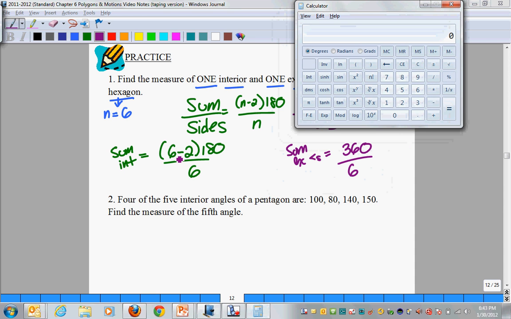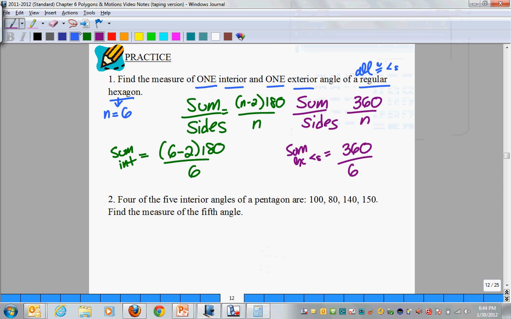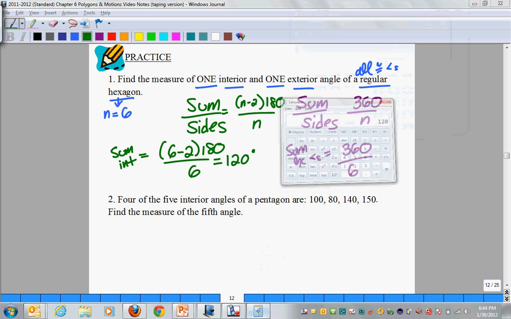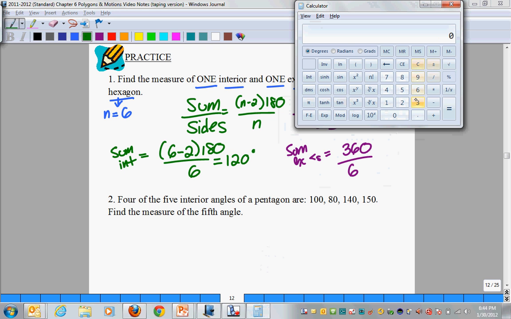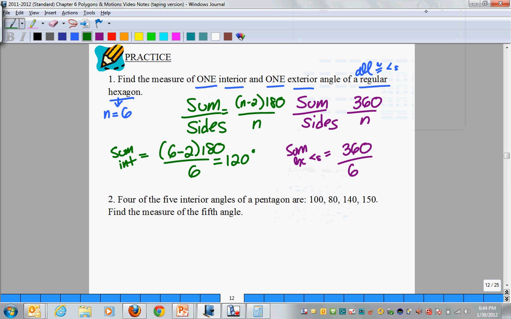So for the first one, we're going to go 6 minus 2, of course, which is 4, times 180. We're going to divide by 6. So our 1 interior angle of a regular hexagon is 120 degrees. And the exterior angle is going to be 360 divided by 6. Notice it's 60 degrees.